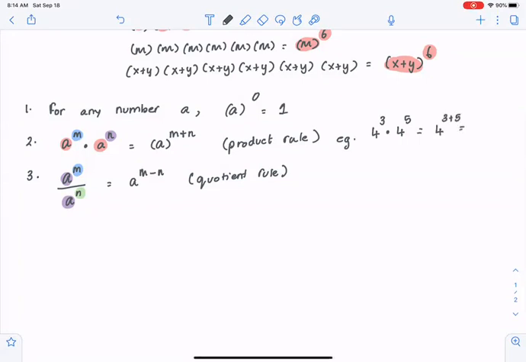I can add them: 4 raised 8. Quotient rule: if I have 4 raised 5 divided by 4 raised 3, I would have 4 raised 5 minus 3, I get 4 squared.